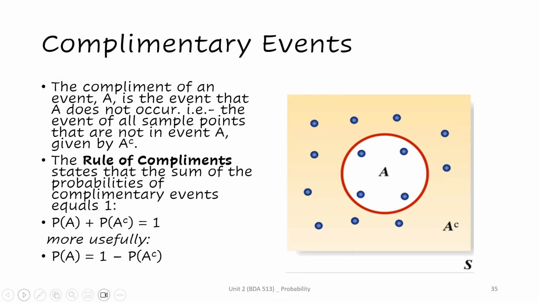Okay, so we have a scenario whereby all the possible outcomes should give us 1. Is that not the case? Yes. So the possible outcomes are all the stuff within the universal set. Here we have an event A, and then we have another event that is not in A, but it's still part of the universal set. That is A complement or A prime.